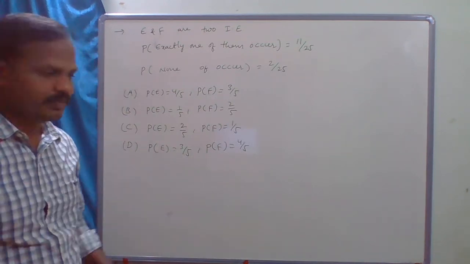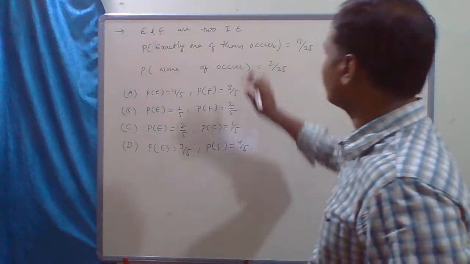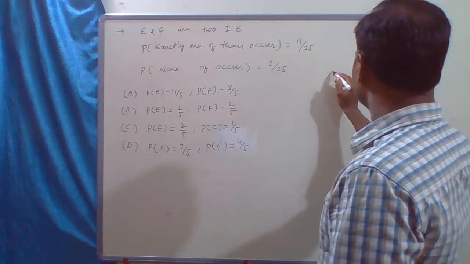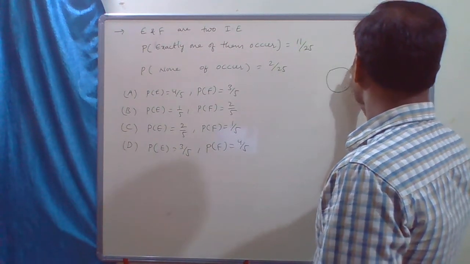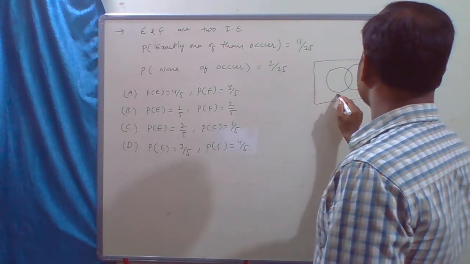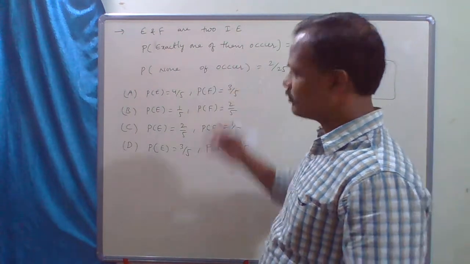Fine. Now from the given information, E and F are independent events. So let these be E and F. So exactly one of them occurs.